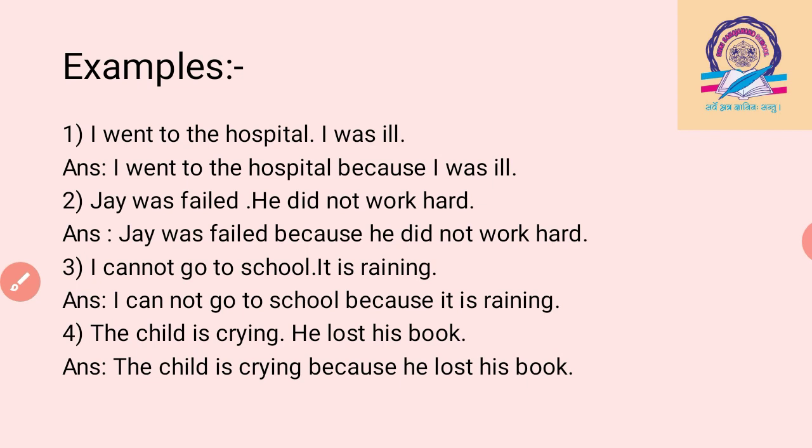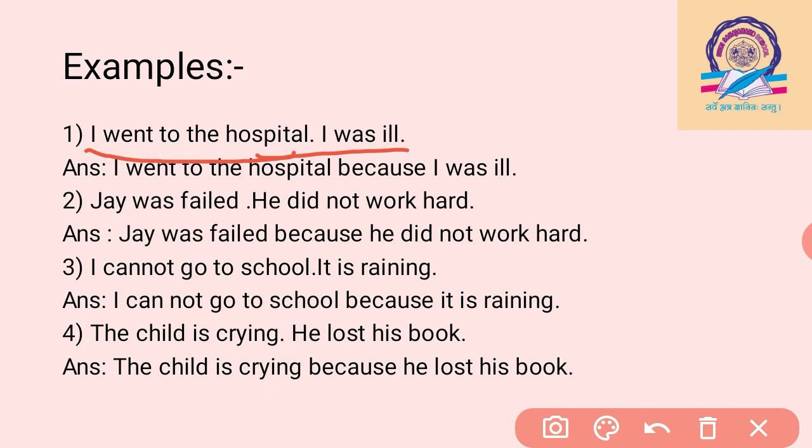Like the first example: I went to the hospital. Why did you go to the hospital? Because I was ill. So here you have given the reason: because I was ill. Between the two sentences, after the first sentence we have to write because, then join the second sentence.